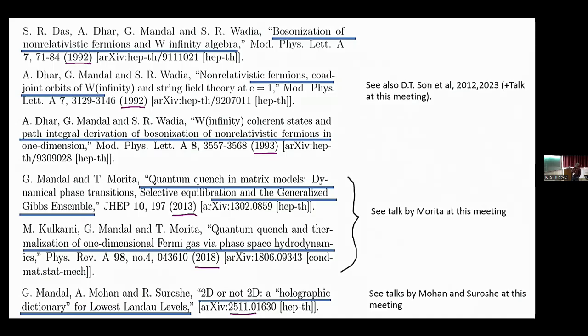The first three papers are from 1992 and 93, where we discussed many-fermion systems with a fixed number of fermions, free fermions, in terms of phase-space hydrodynamics. So the slogan for this talk is going to be that phase-space density, phase-space distribution, is a very convenient description of the configuration of n-fermion systems.